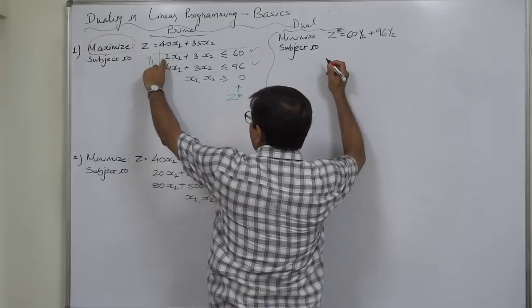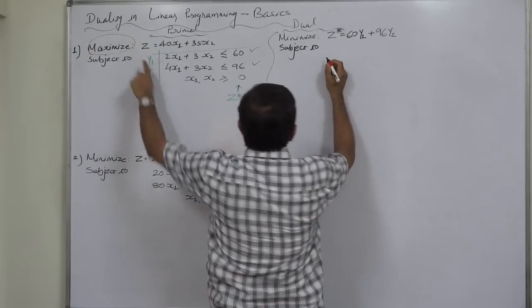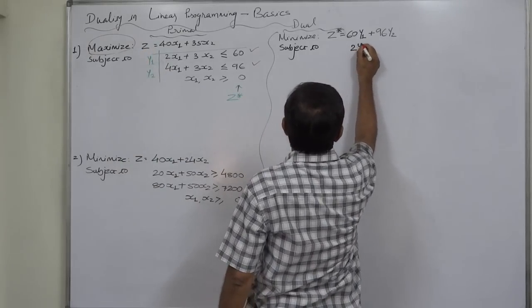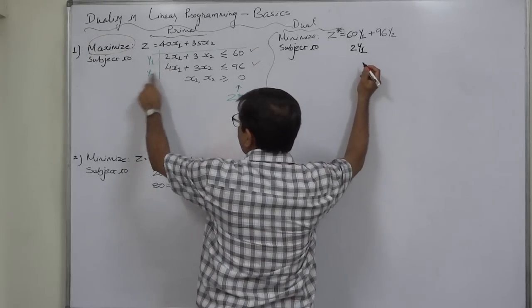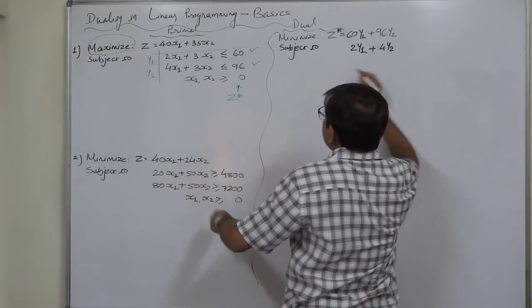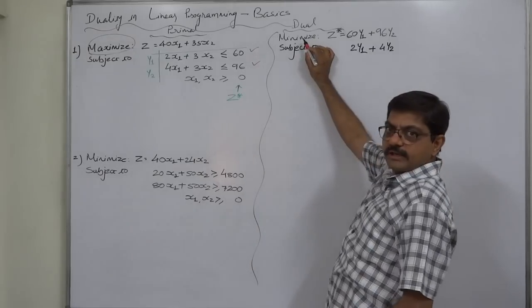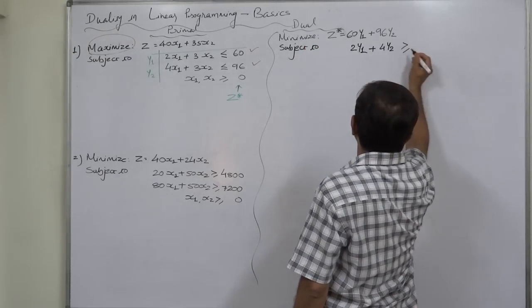The coefficient of x1 in the first constraint becomes the coefficient of y1 in the first constraint. 2y1, plus 4y2. Sign will match the objective. Now the objective is minimization, so the sign will be greater than or equal to.